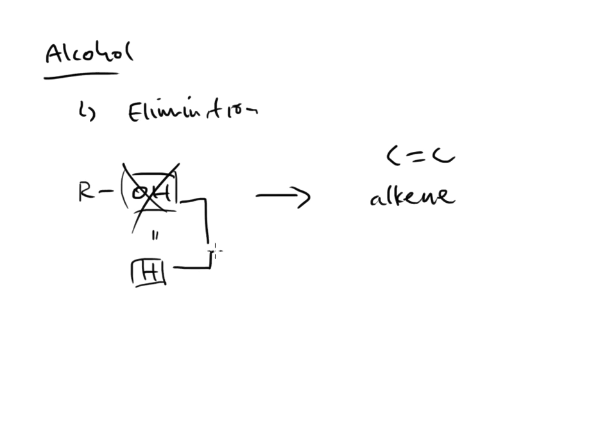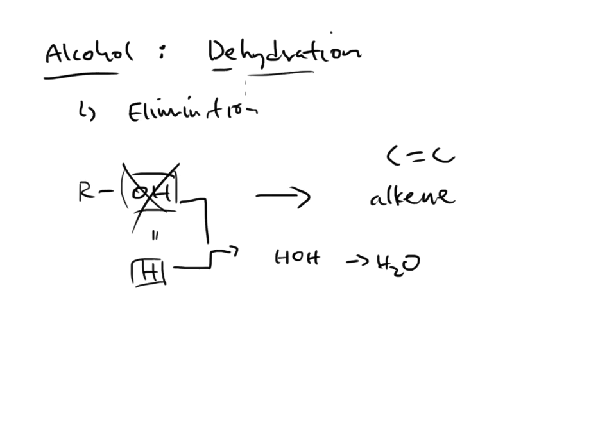This OH and H come together, and that makes water, which is why very often these elimination reactions for alcohols are called dehydration reactions. Dehydrate? What does that mean? Dehydro, removal of water. Dehydration.